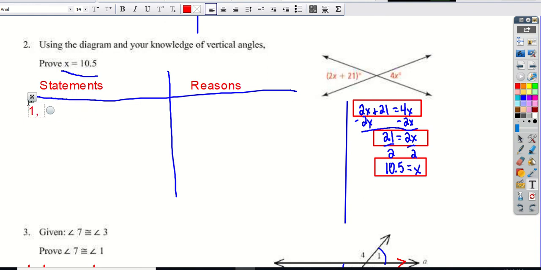Given: the two lines are intersecting, see the diagram.